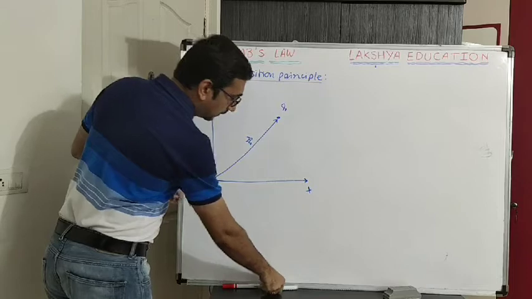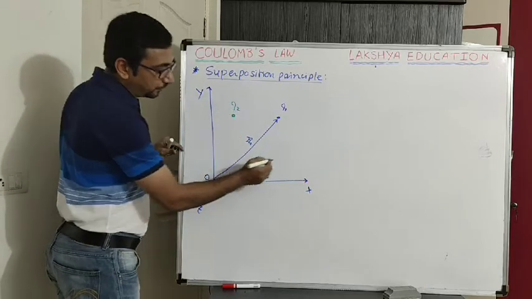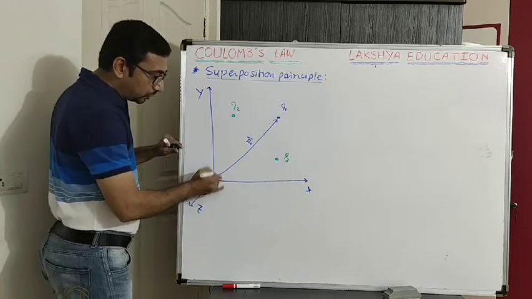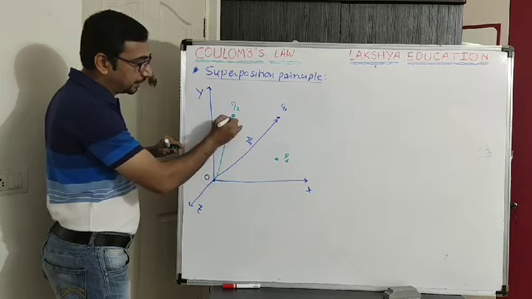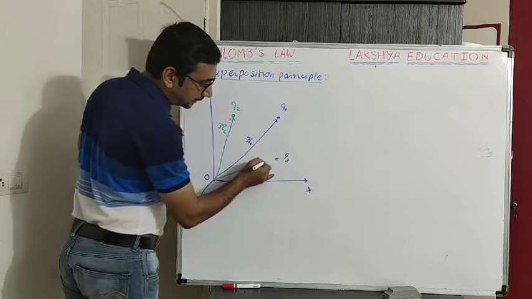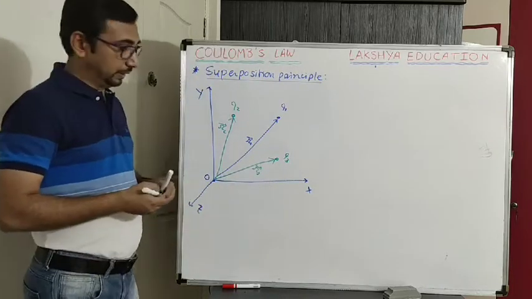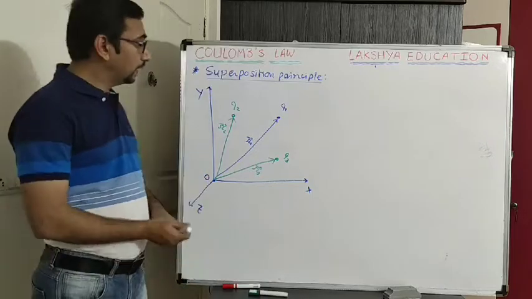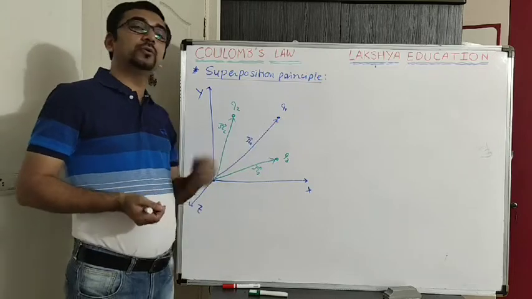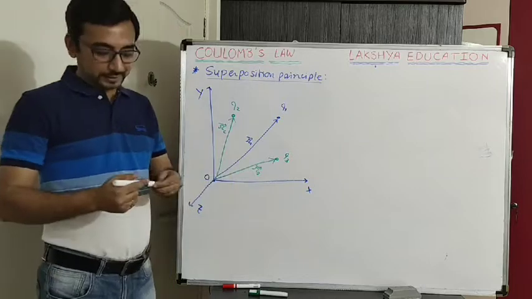We have two more charges, q2 and q3. The q2 charge has position vector r2 and the q3 charge has position vector, suppose r3. Now we want to find the net force acting on the q1 charge due to these q2 and q3 charges.